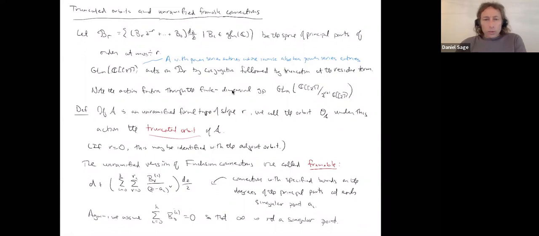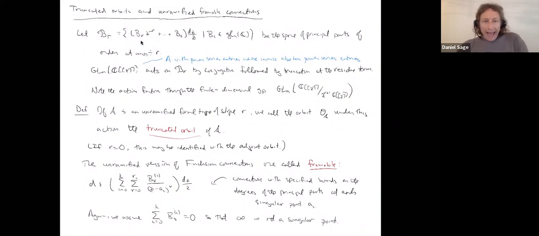Now, this B_R space has an action of the group GL_n of the power series. This means n by n matrices with power series entries which are invertible and whose inverse also has power series entries. Okay.